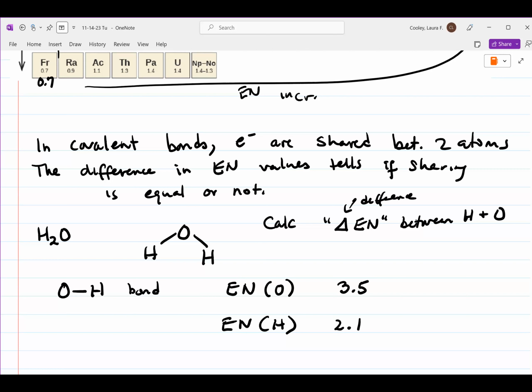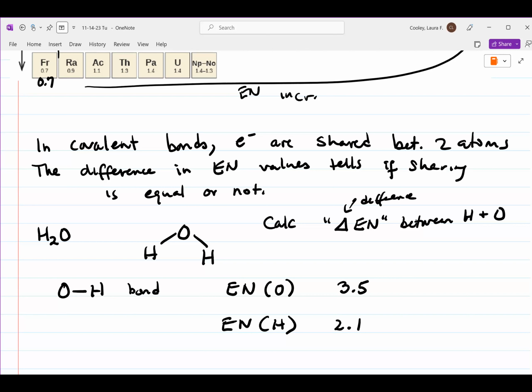And oxygen is way over on the right side of the periodic table. Hydrogen is way on the left. So it's no surprise that oxygen has a greater electronegativity. It has a greater tendency to pull electrons towards it, right? As an atom, it sometimes forms a negatively charged ion. That's how much it likes extra electrons, right?